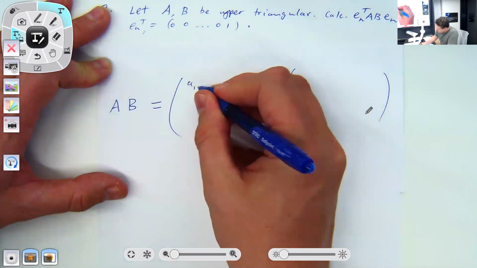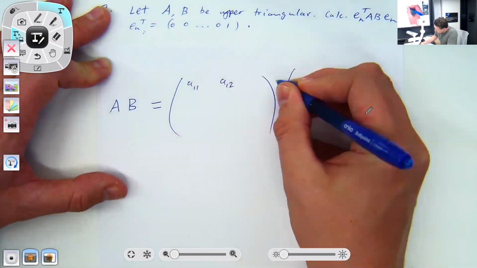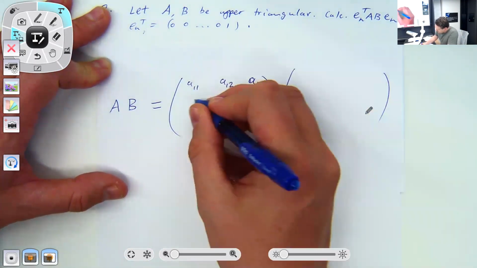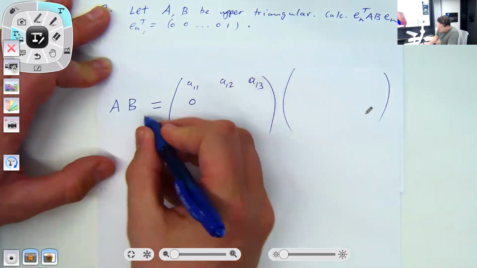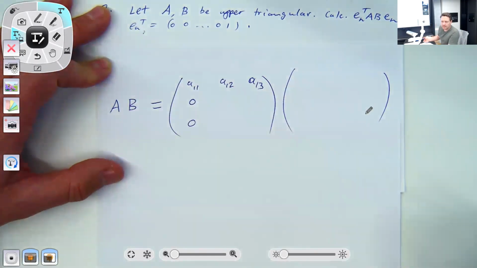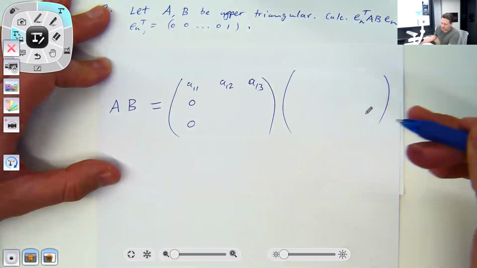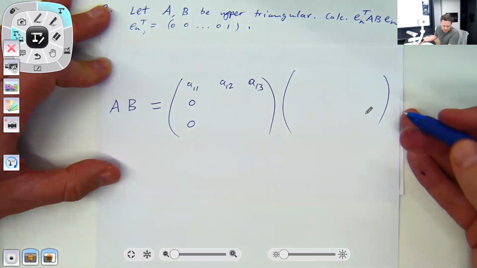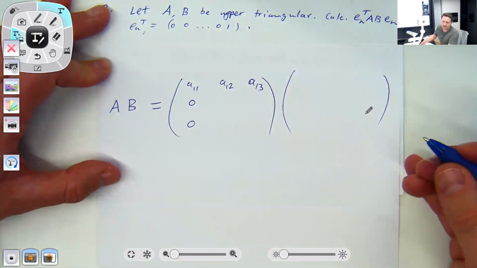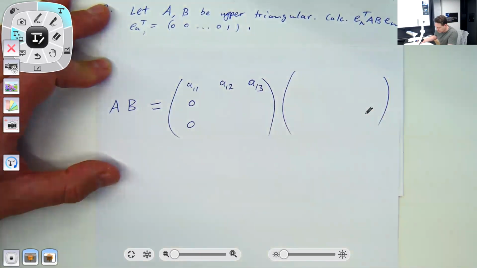So we have A11, A12, A13, and then we have a 0 and a 0. And incidentally, I'm doing this for 3 by 3, but this is n by n, okay? And the reason I'm doing this for only 3 by 3 is because it's nice and small, but I can get the pattern out of this, okay? And that'll make a nice demonstration for you. But these are n by n, remember.